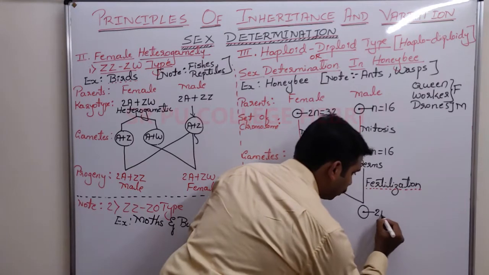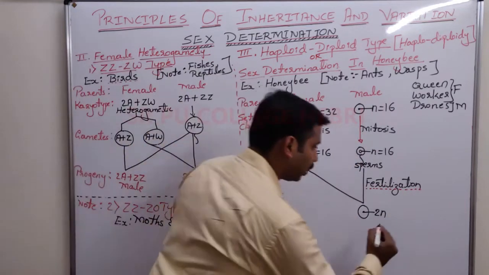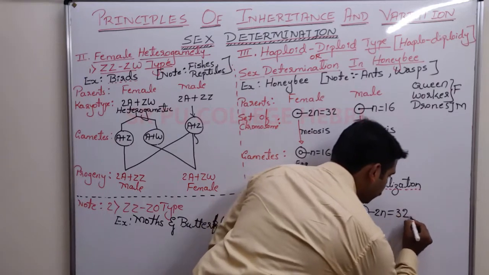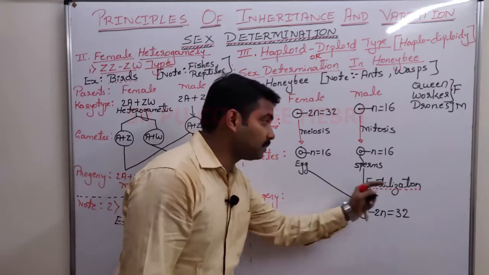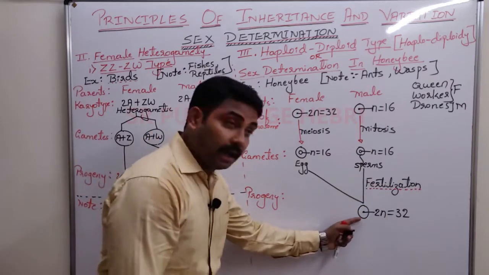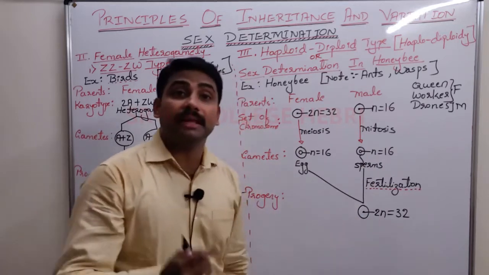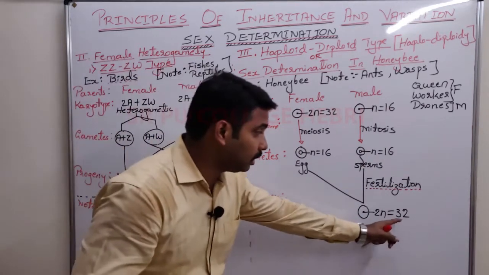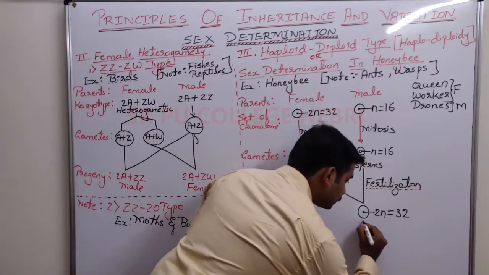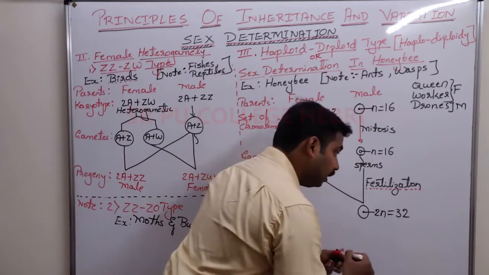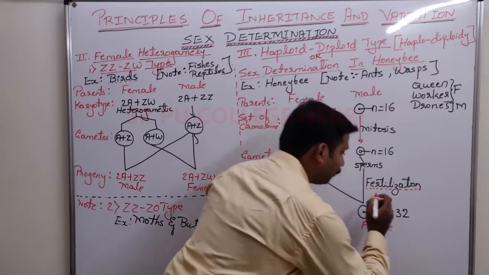Hence the zygote or the young one becomes haploid or diploid? Diploid with how many chromosomes? 32 chromosomes. So it will become male or female? The individual will develop into female.